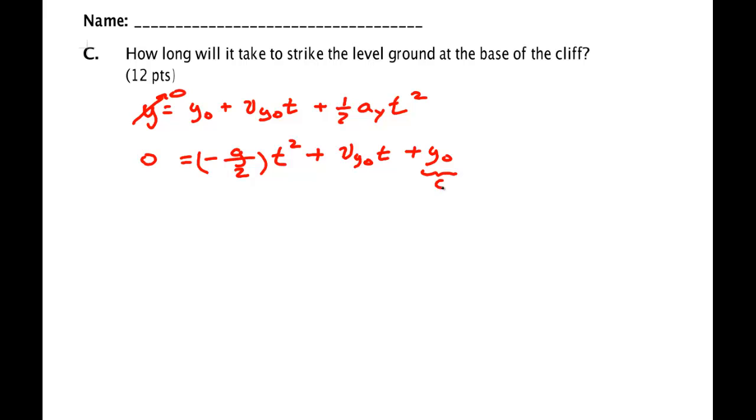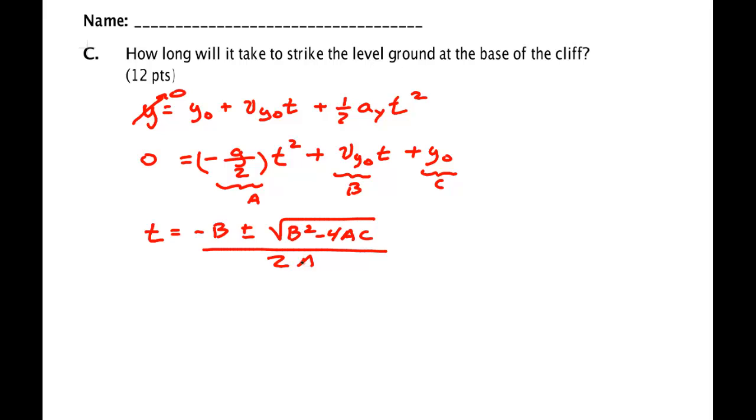So that's C, that's B, and this is A. So this is of the form A t squared plus B t plus C. Just like we did in exam number 4, we're going to use the quadratic formula. t is equal to minus B plus or minus the square root of B squared minus 4AC, over 2A, but we also have the condition that t has to be greater than 0.